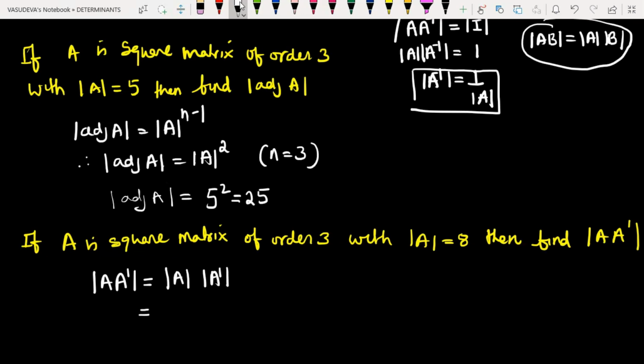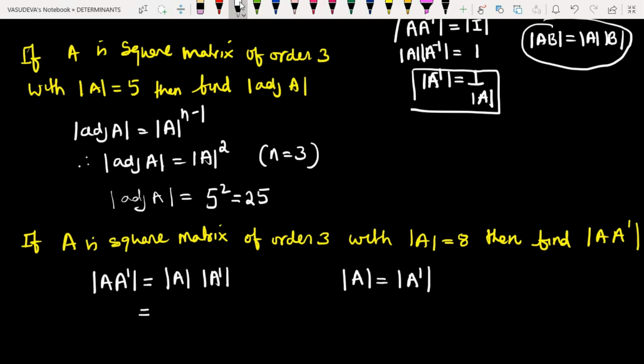Now we have determinant of A equal to 8. We have the properties of determinants: determinant of A is equal to determinant of A dash, because in a square matrix, if all the rows are interchanged into columns or columns into rows, then the value of the determinant does not change.